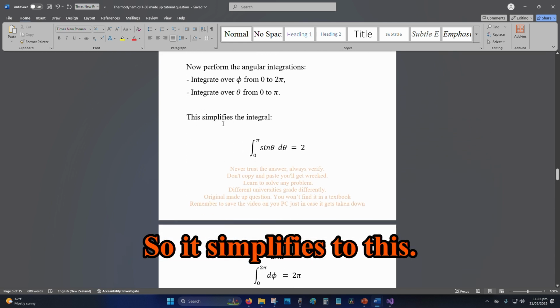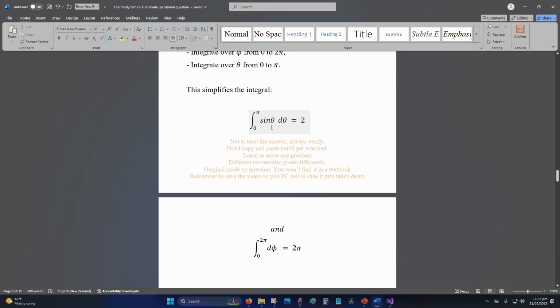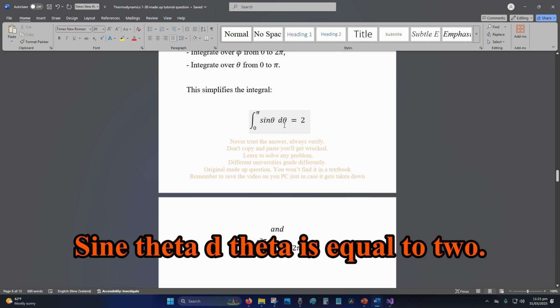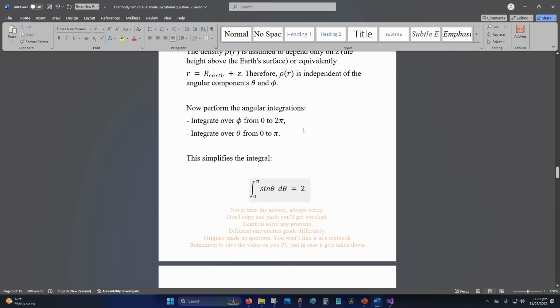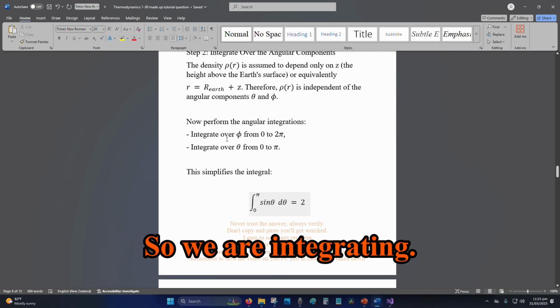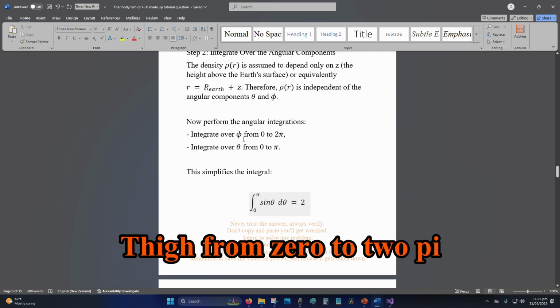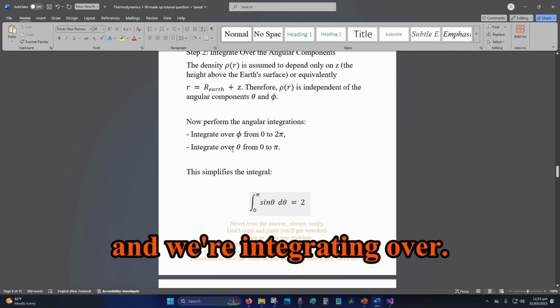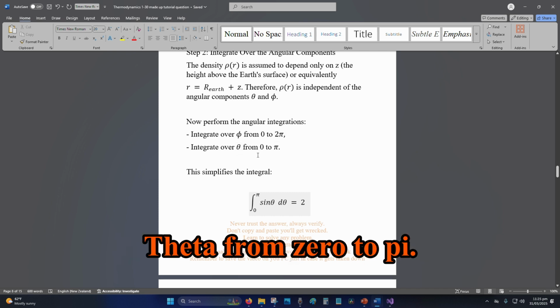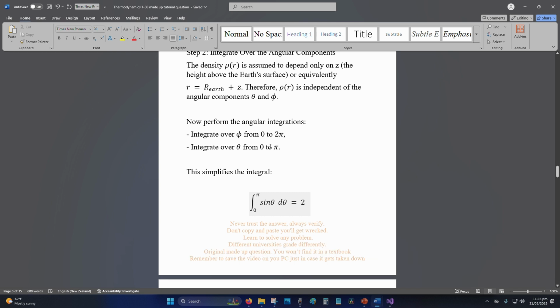So it simplifies to this. Sine theta d theta is equal to 2. So we're integrating phi from 0 to 2 pi, and we're integrating over theta from 0 to pi.